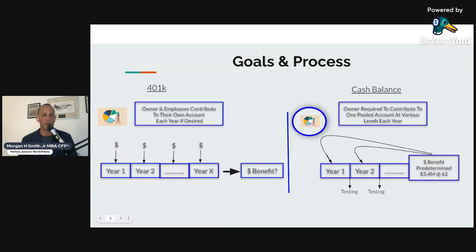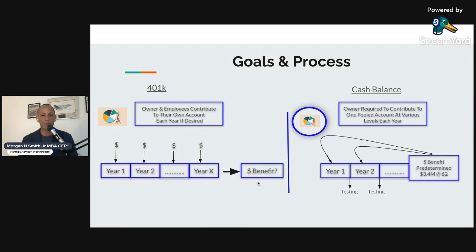The portfolio performs in each account as it would based on the investments, and this happens throughout the life of the plan or the life of the participants' participation in the actual plan until either they retire, the plan shuts down, or they roll their money out of the plan. And then at the end of that whole process, there's some benefit.